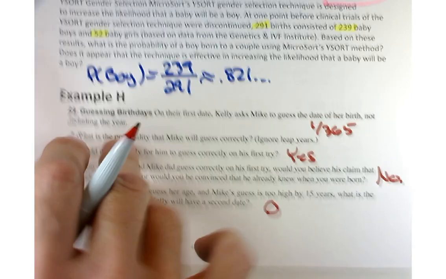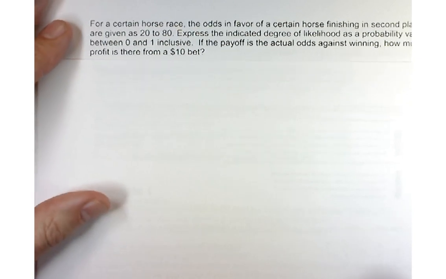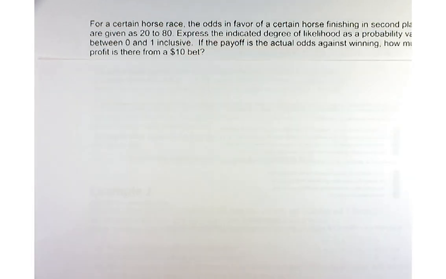Let's get into a discussion about odds. The odds in favor of a certain horse finishing second place are given as 20 to 80.